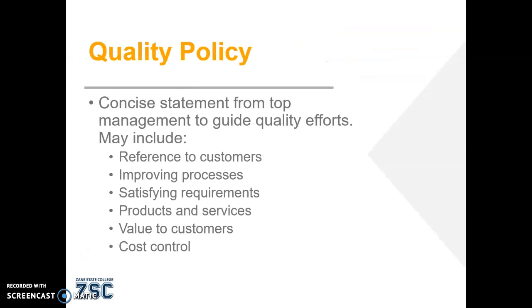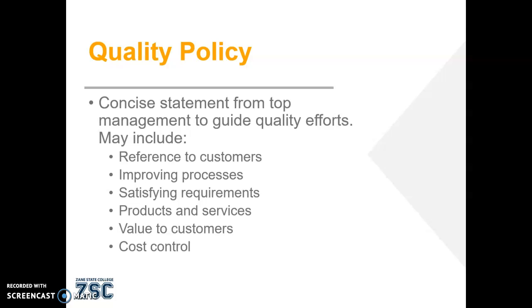So the quality policy should be a concise statement. This is usually something developed by the top management of an organization. And it's a statement that is used as a guide to quality, what the focus should be for the organization.